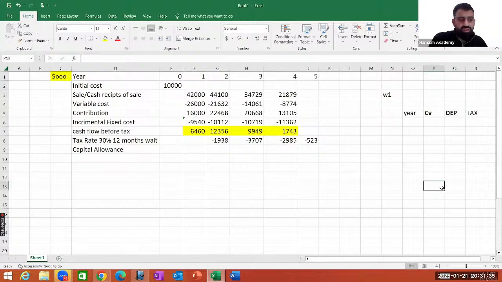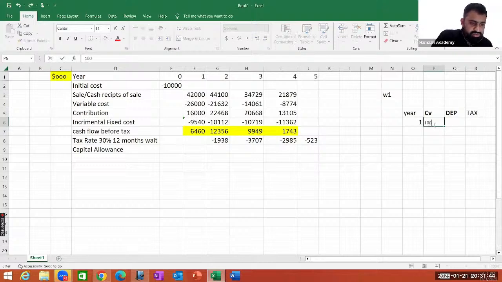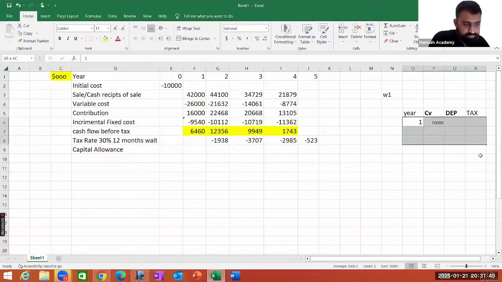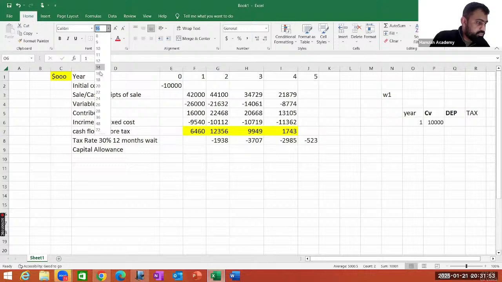Now, for example, in year one, the carrying value is $10,000. The carrying value of the asset is 10,000, which is initial investment.